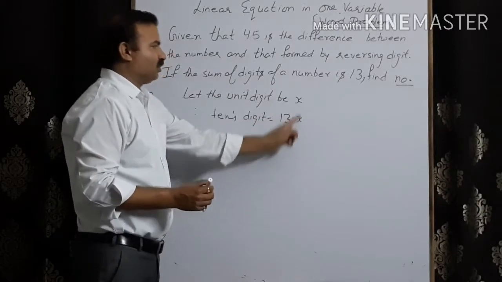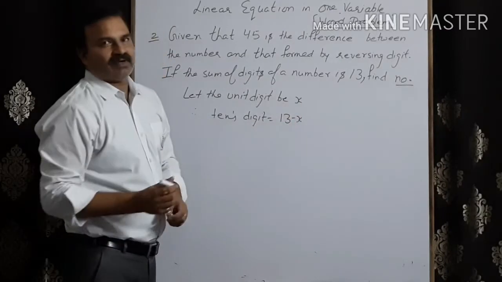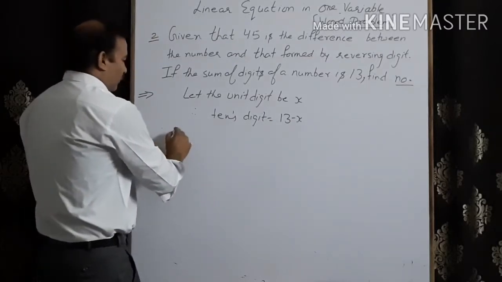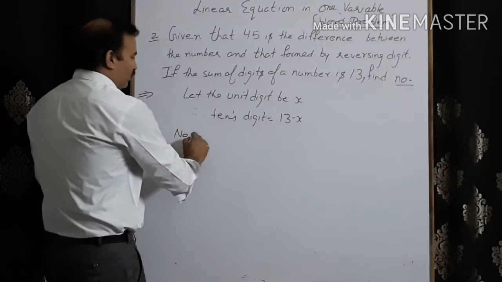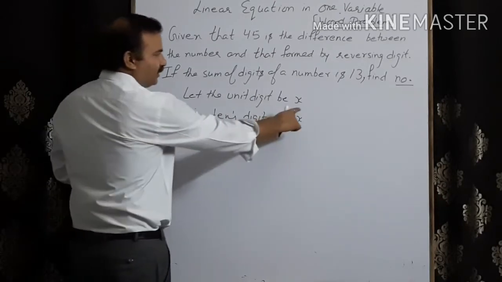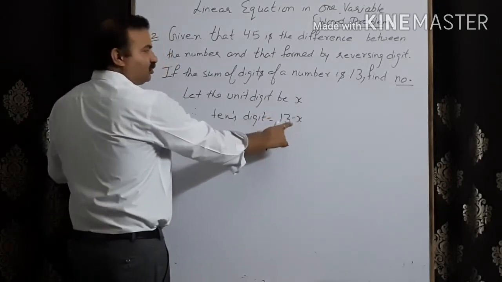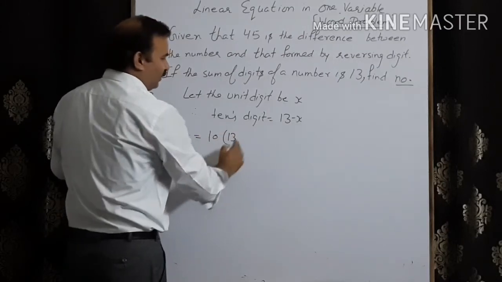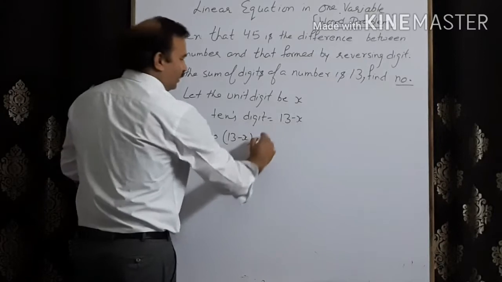If you add these two, x will cancel with minus x, and the answer will come as 13. So what is the number? This is the unit digit, this is the tens digit. The general form is tens digit multiplied by 10, plus the unit digit.